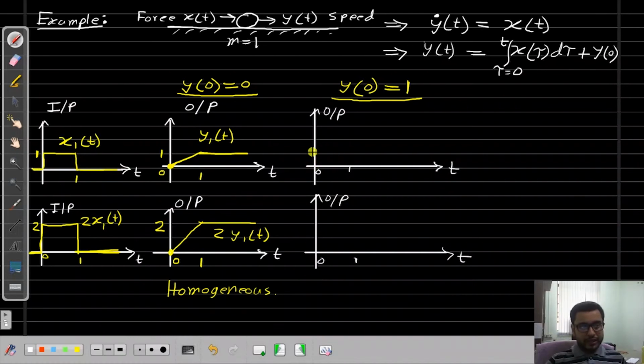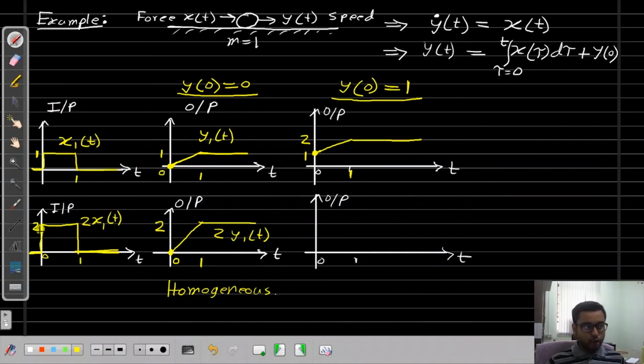So initial speed is 1. We shall start from this point, and then speed will increase, and at t equal to 1 it will become 2, starting from 1, and then it will become constant.